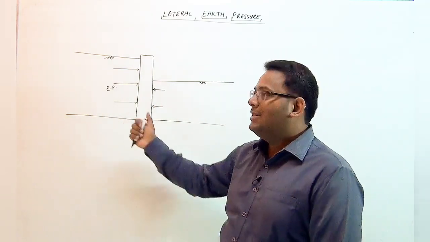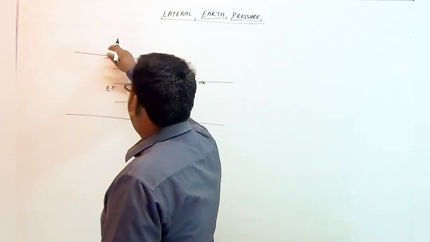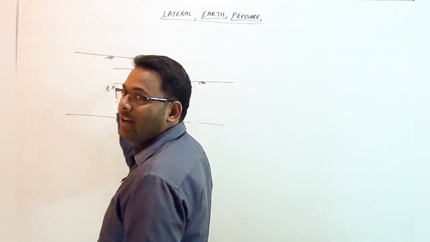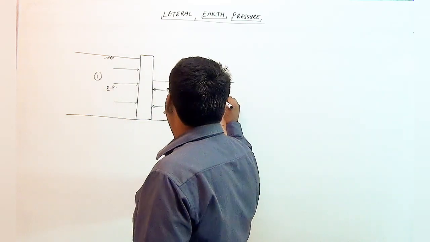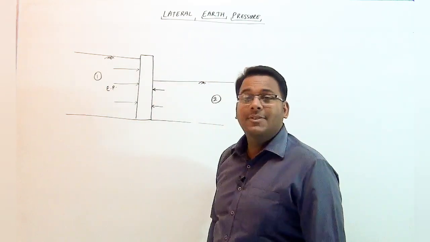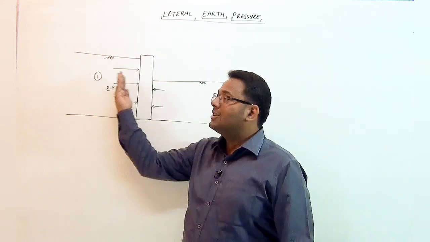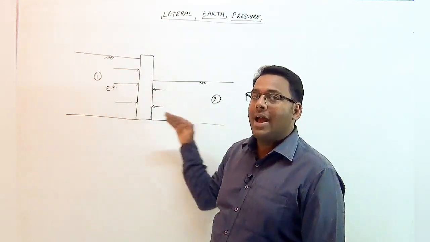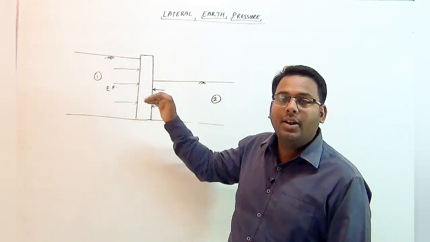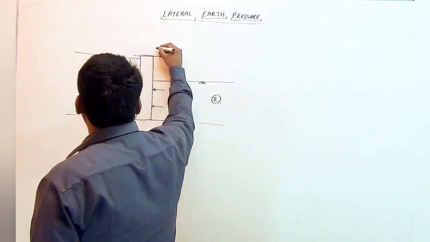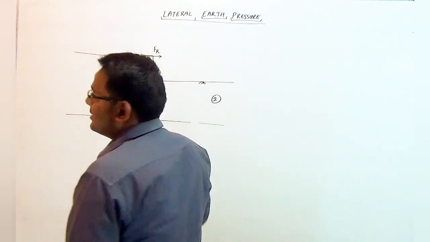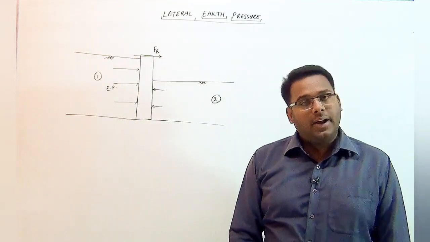And as we can see, the height of the soil on the left hand side is more, so I am naming the soils. Hence, we can say that the force exerted by soil 1 will be more as compared to the force exerted by soil 2. Hence, the net force on the retaining structure or retaining wall will be in this direction. Fine.